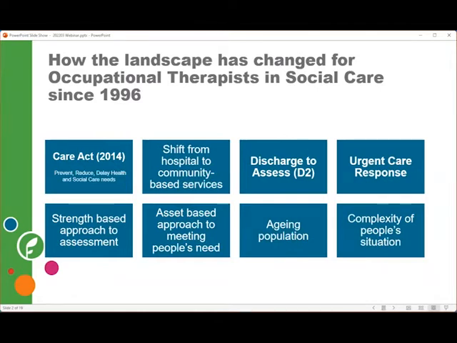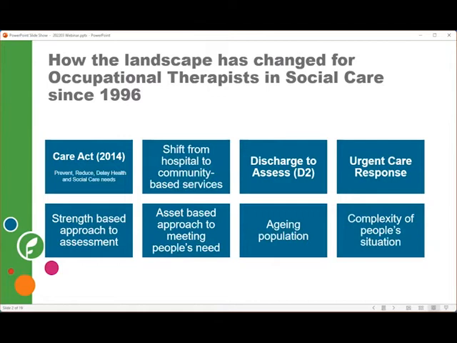Obviously, during the pandemic, one of the biggest changes has been discharge to assess. Again, building on the work that had started around moving resources out of hospital. Obviously now, as soon as somebody is medically optimised, they're on a pathway out of the hospital. And again, what that has meant is that a number of those assessments are now being undertaken by social care occupational therapists.